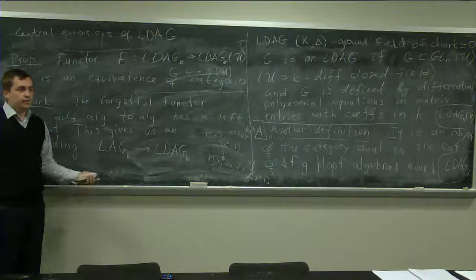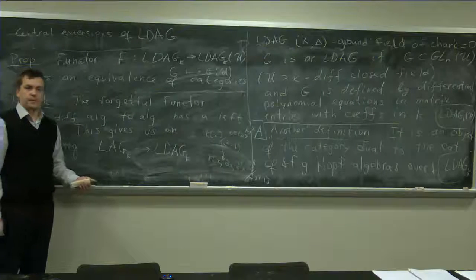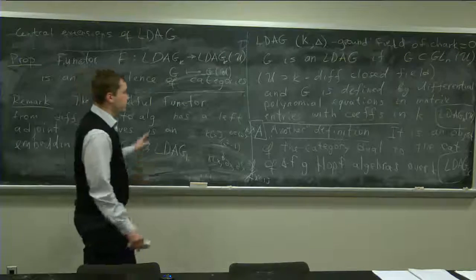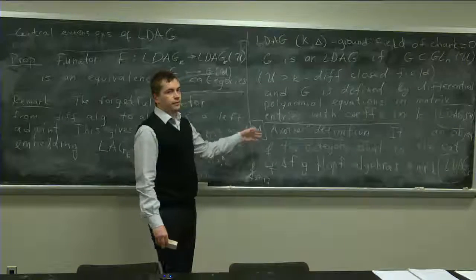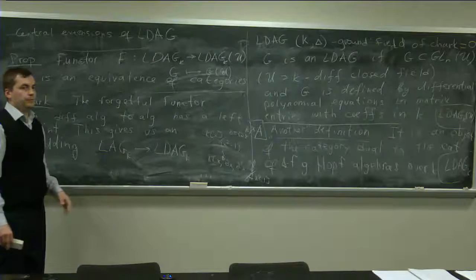And from now on, I will speak about any algebraic groups as differential algebraic groups. It's just a special case. I recall to you that this general definition works as well for arbitrary characteristic. We have this morphism for arbitrary characteristic.